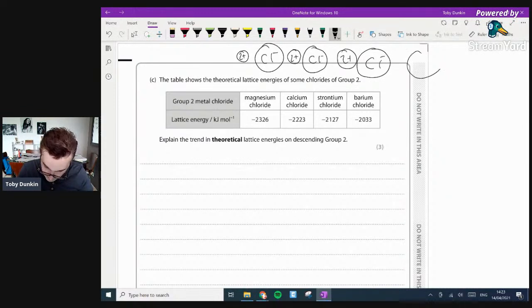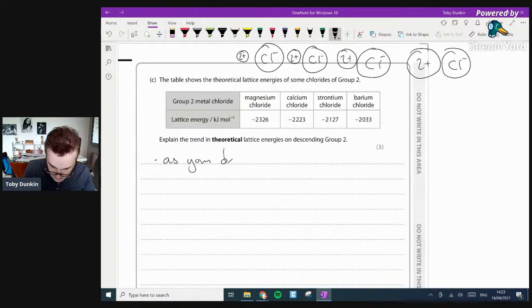And then barium 2 plus and Cl minus. So the first thing to spot here is as you descend group 2, the ions increase in size. That's going to be the first mark.